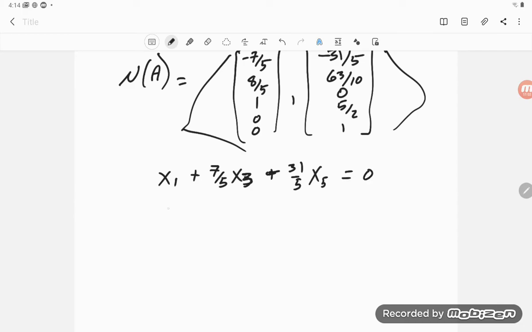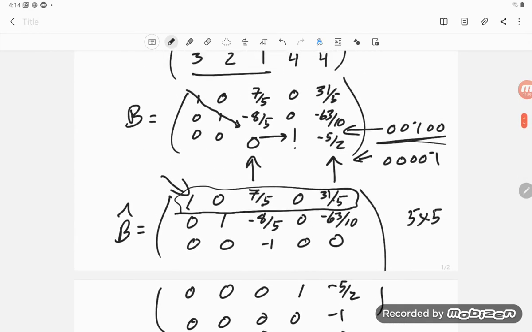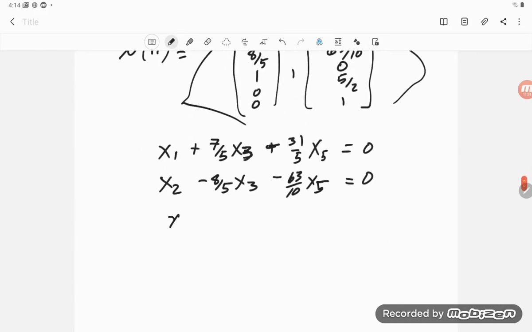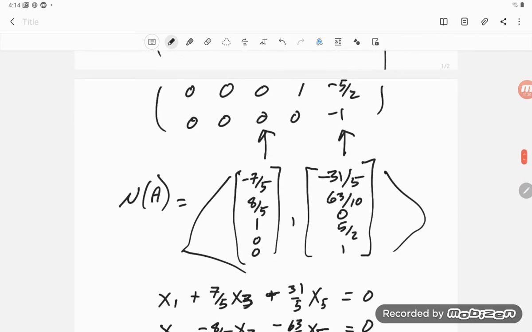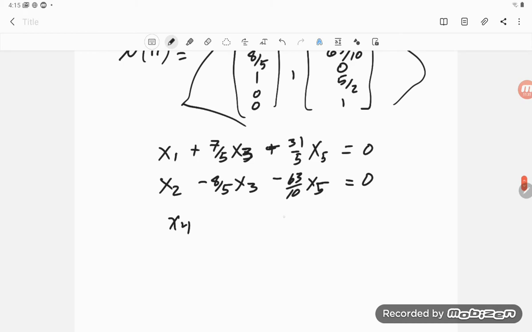And then the next row said x2 minus 8/5 x3 minus 63/10 x5 is equal to 0. And then the third row of the original reduced row echelon form said x4, was that a minus? I think, yeah, minus 5 halves x5 is equal to 0.